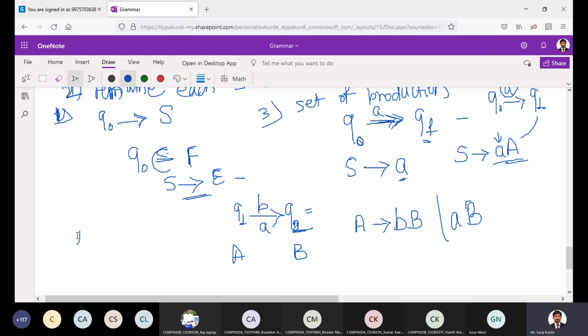And if there is a transition, let's say Q1 to Q0, back to the initial state on some input 1, then it will be A produces 1S. S is for the initial state, 1 is the input on the transition, so it is as it is, and capital A is for Q1. That way we have to write the productions.